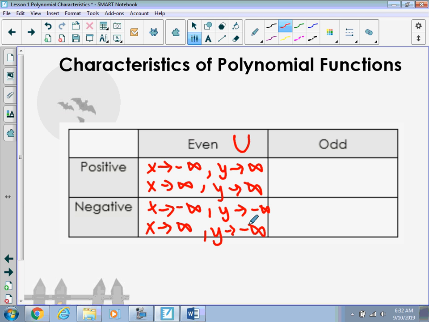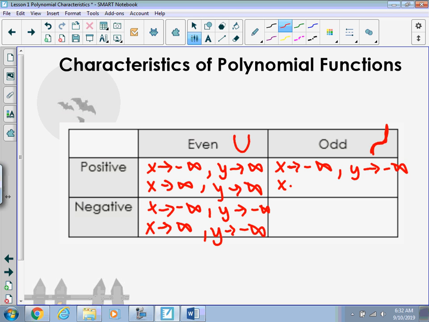Okay, so an odd function, it's got that graph that kind of does one of those things. I'm not the greatest at drawing it. So as x is approaching negative infinity, the y's are also approaching negative infinity.